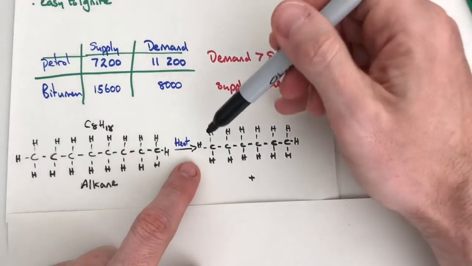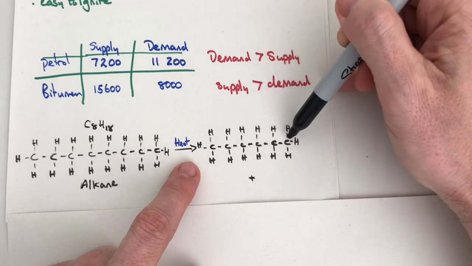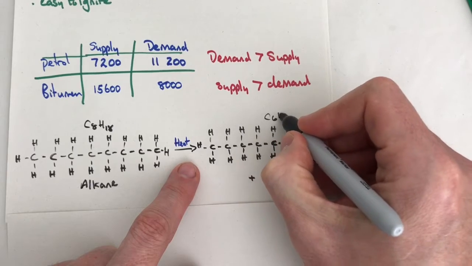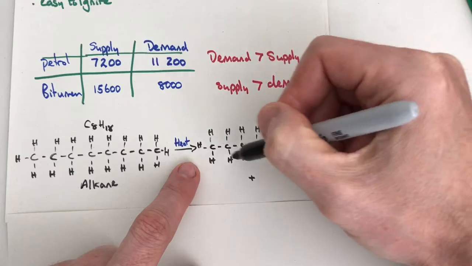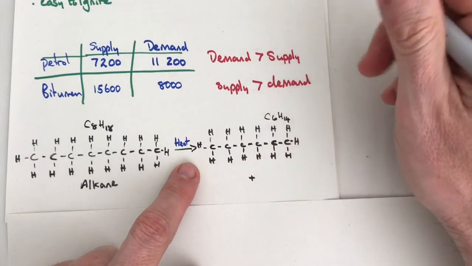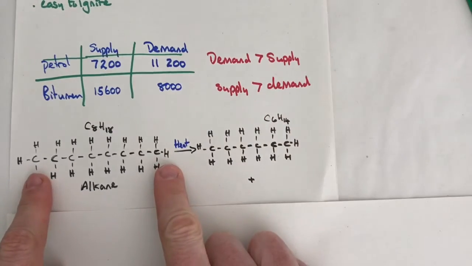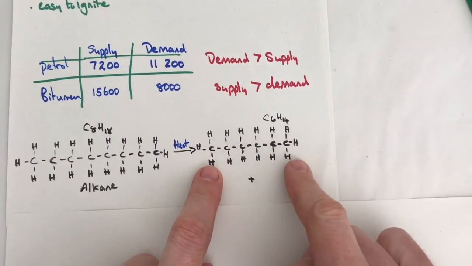For example, I've split this into one that's got 1, 2, 3, 4, 5, 6 carbons. So here we've got C6, and that will have 14 hydrogens if you count them up. So by heating this longer chain hydrocarbon up, we make a shorter chain. Remember, shorter chains, more useful as fuels, more demand.